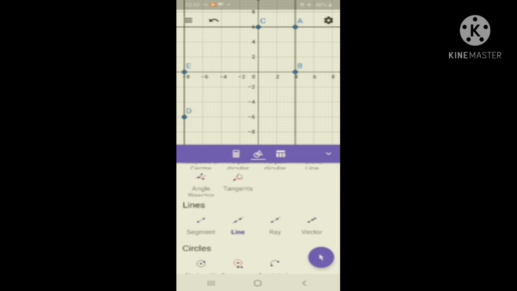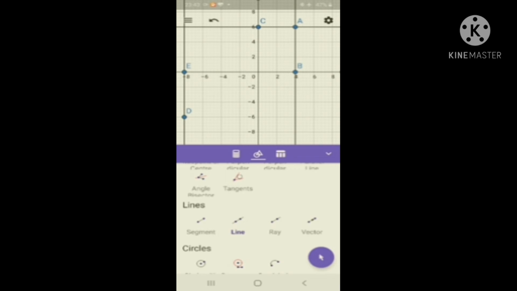So you can see E is at -8 unit distance from the origin. Distance can never be negative, but -8 shows that the point E is on the OX dash axis, means the left side of the 0. So the abscissa of the point D is -8.